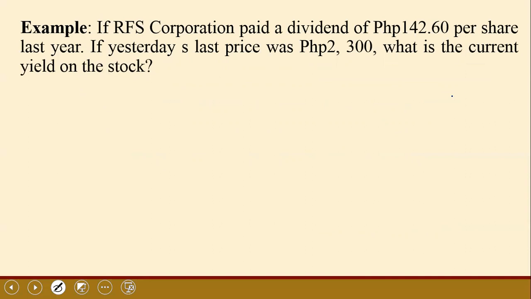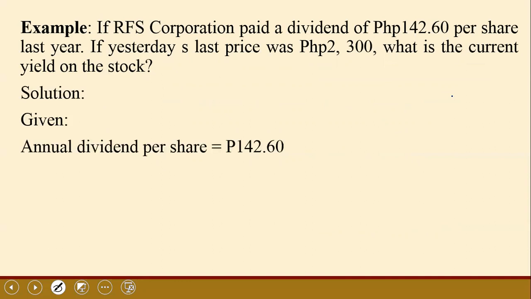If RFS Corporation paid a dividend of 142 pesos and 60 centavos per share last year, and yesterday's last price was 2,300 pesos, what is the current yield on the stock? Before that, let us identify the given. We have the annual dividend per share, which is 142 pesos and 60 centavos, and the current price per share is 2,300 pesos.